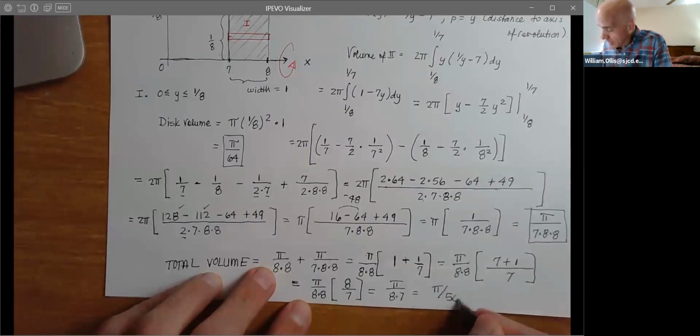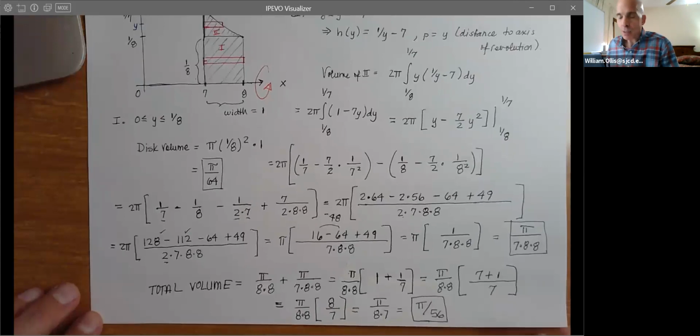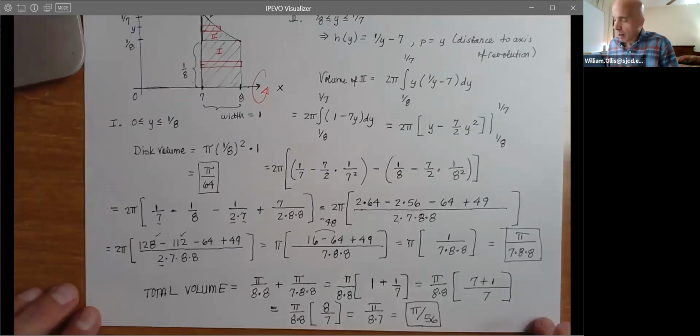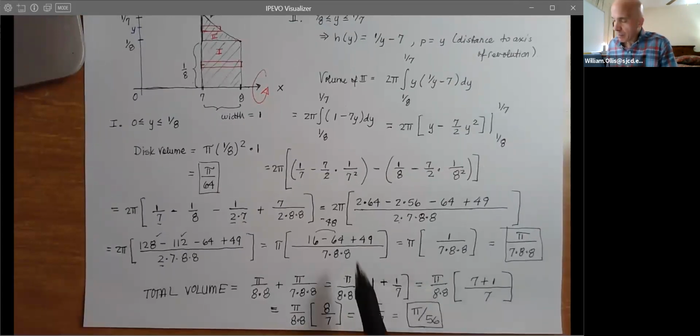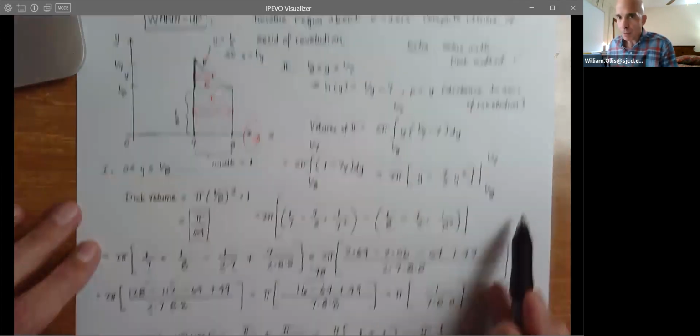So after doing this, I just wanted to show you, because I looked at this problem when the student asked about it, and I knew exactly what they were talking about. The arithmetic here is more tedious than if you use the disk method up here.